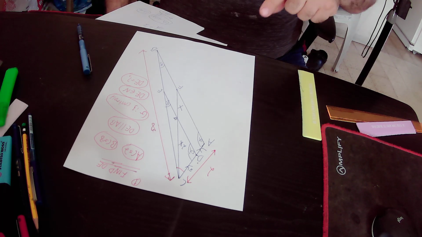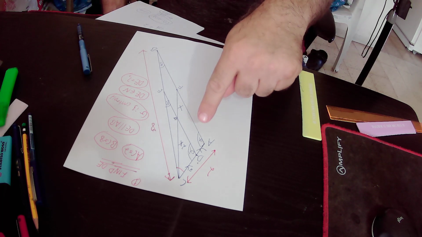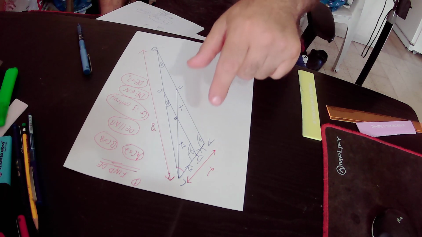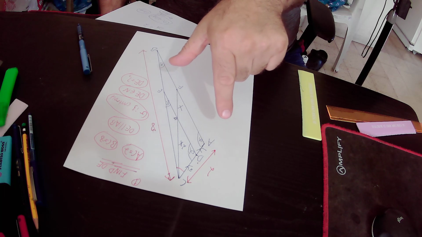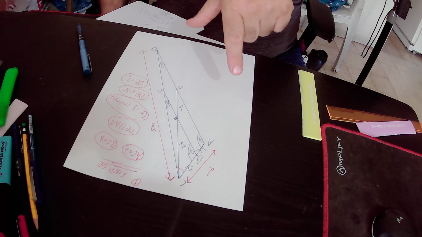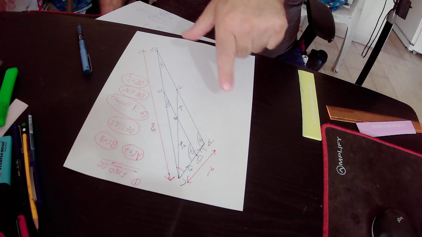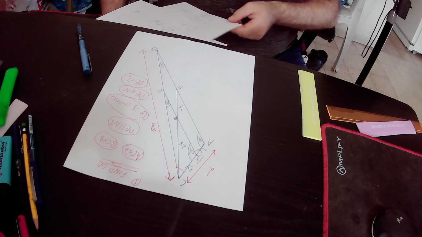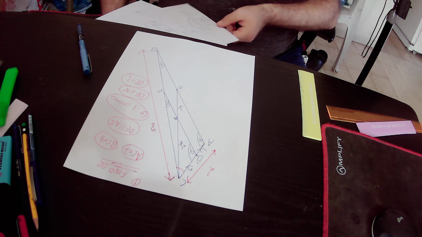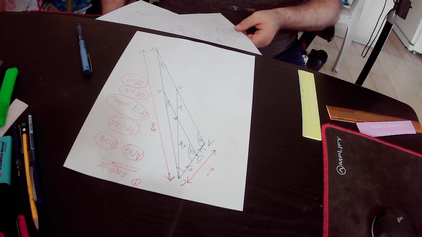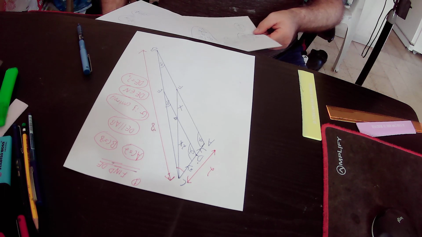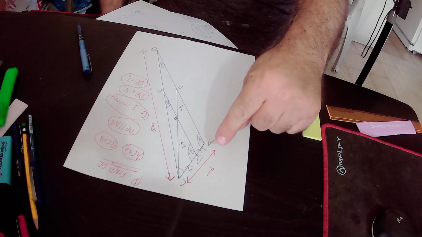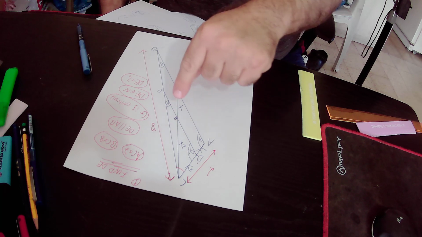If we relate to triangle CAF, we know that in triangle CAF, DE is parallel to AB. So according to the rule that I stated 1 minute ago, CD over AD will be equal to CG over GF.